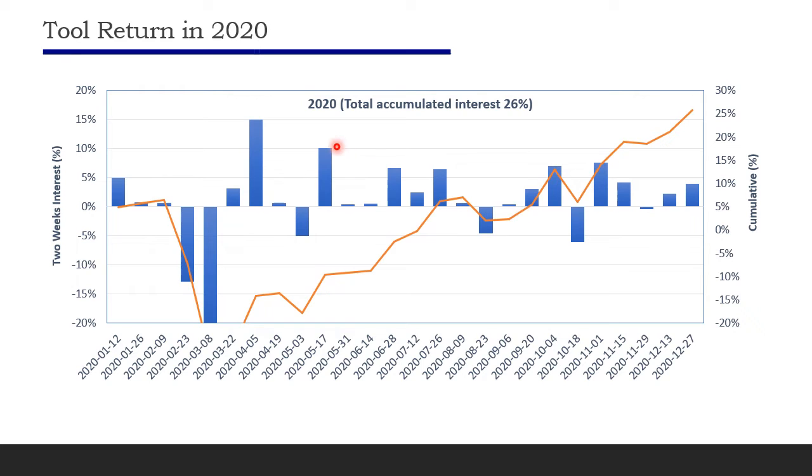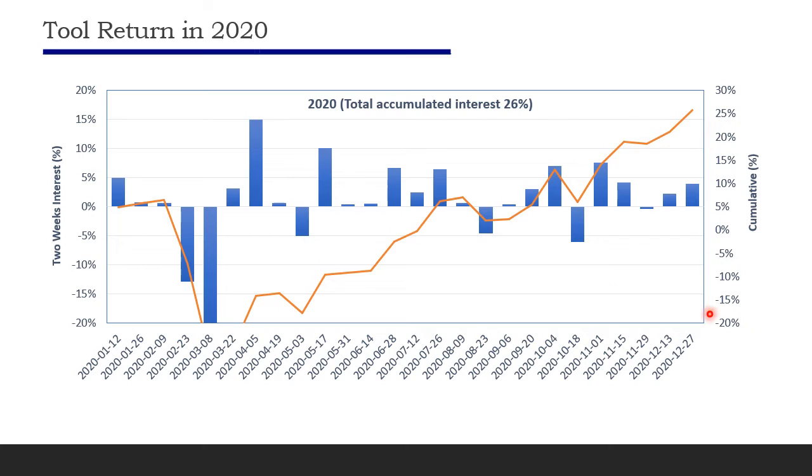2020, as you know, at the beginning of the year we had a sharp drop in the stock market due to the pandemic, but at the end of the year, it somehow recovered, and it was not a really bad year for trading.